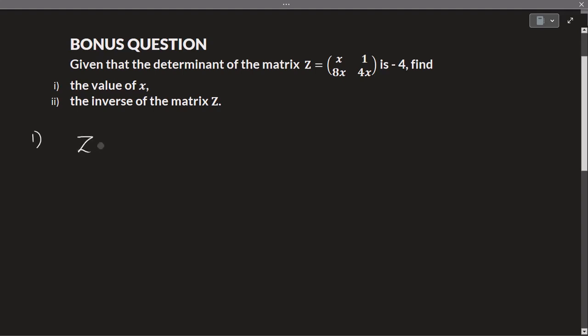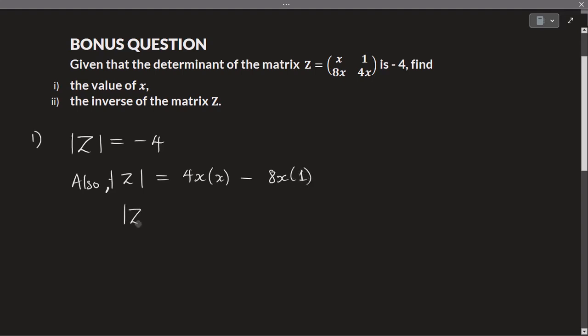When you look at this question, it kind of just looks simple, but for most people it might be challenging unless you do a lot of math. We also know the determinant can be found by multiplying the 4x and the x, and then subtracting the product of 8x and 1.